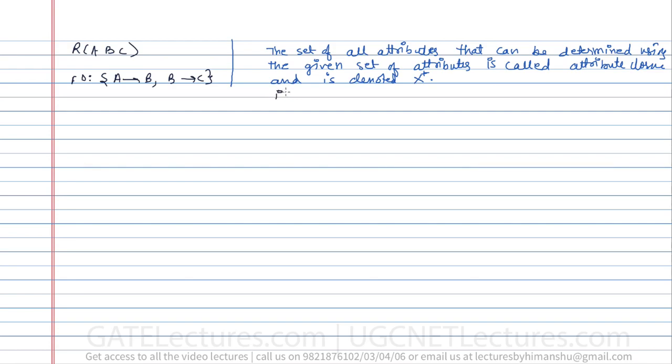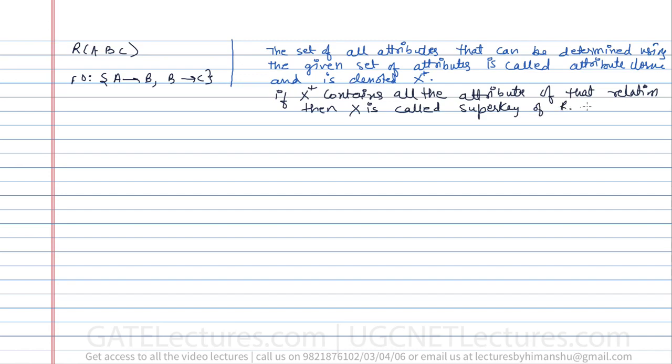Now if X plus contains all the attributes of a relation, then X is called a super key of R, where R is the relation.